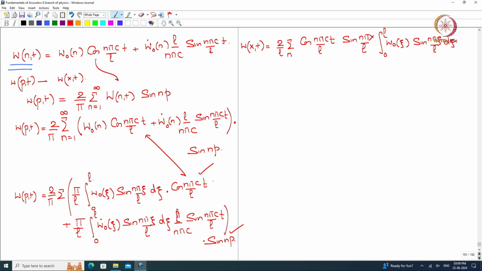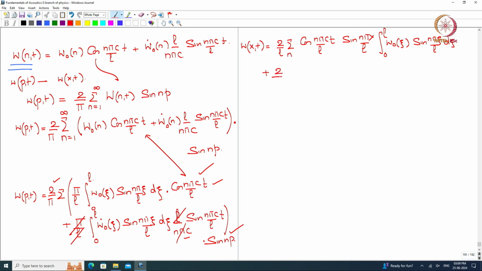I am separating the first term. Then plus, this pi goes with pi, L goes with L, and I have 2 by pi and nc here.